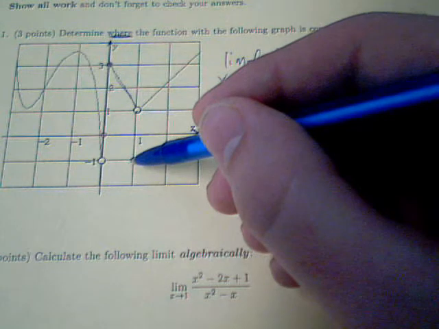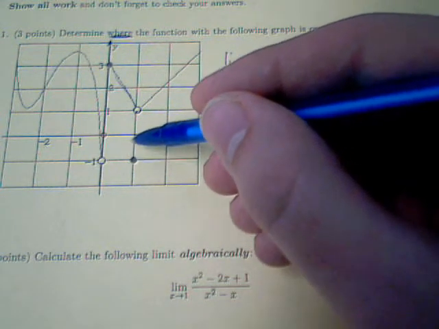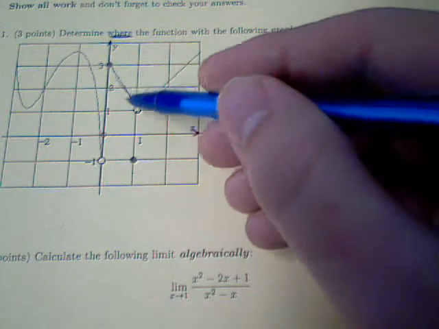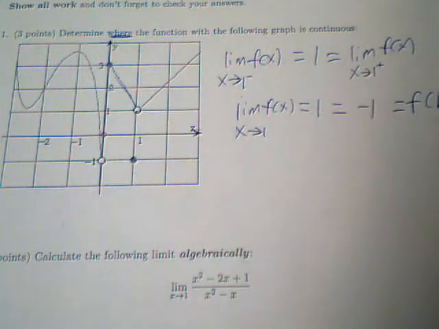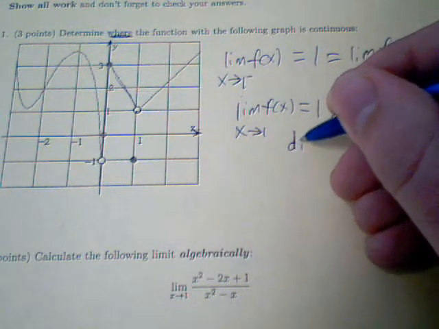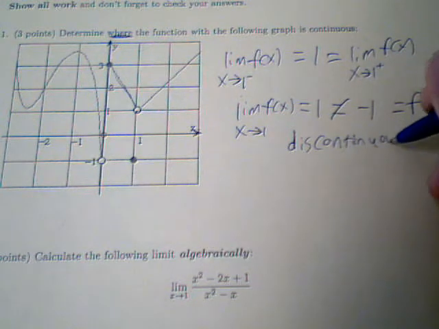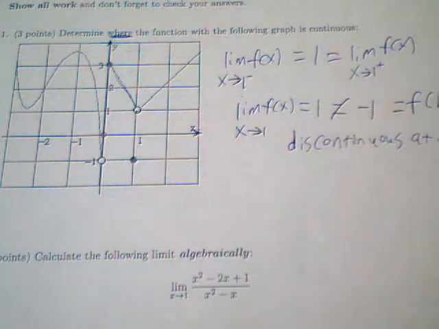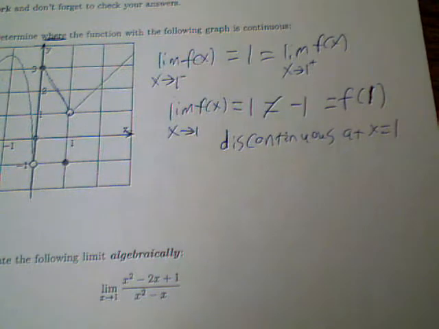You always go for the closed circle for wherever the value is if you plug in 1. So f of 1 is here, it's negative 1. Oh, 1 is not equal to negative 1. I'm discontinuous at x equals 1. This is f of 1 up here. So discontinuous at x equals 1.